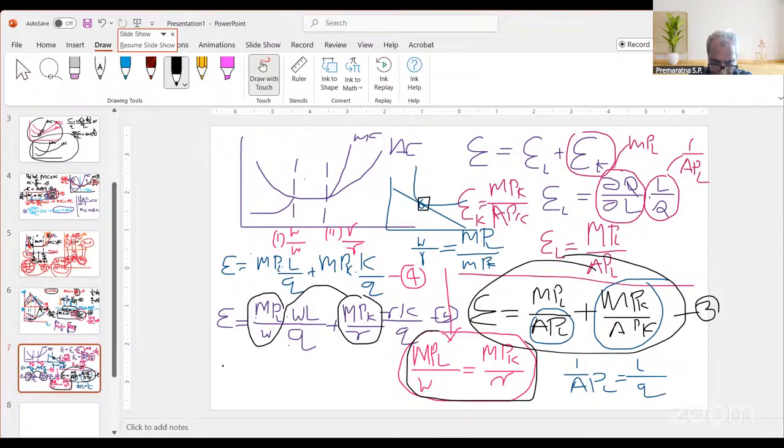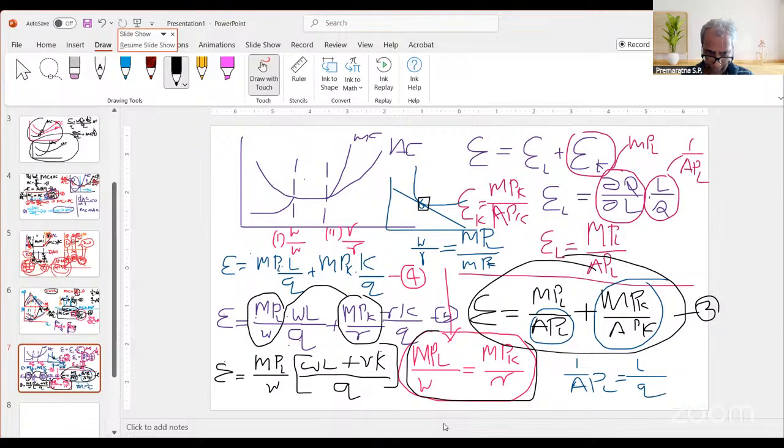Then I will rewrite this equation number 5: MPL divided by the common W, times WL plus RK, divided by Q, better because this is common. So that is the point we now got.